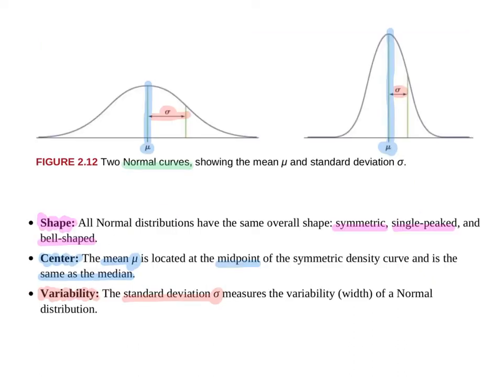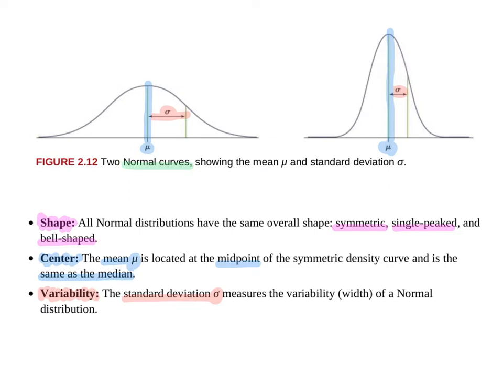So some more, or the same details in list form. Let's talk about the shape, the center, and the variability in terms of the statistics words that we know. So we know that the shape is symmetric, single-peaked, and bell-shaped. That bell shape is really what gives it away, at least in my opinion. So the center, again, is the midpoint, and that is our mean, that little lowercase mu.